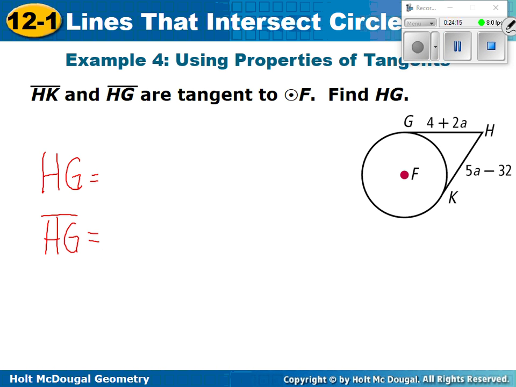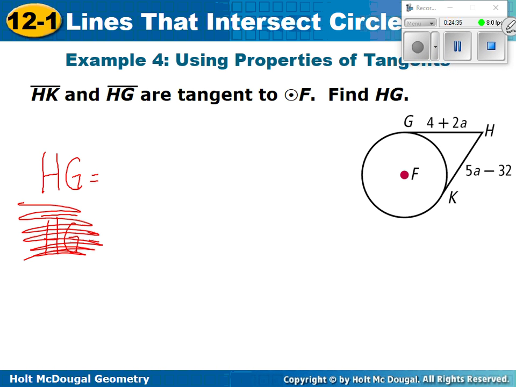The first one names a line segment. What does the second one do? It tells me the length of the line segment, or the distance. You should not have a line segment above it. I don't know how many times I wrote on your papers, no line segment. Don't put a line segment above it if you're giving me its measurement.